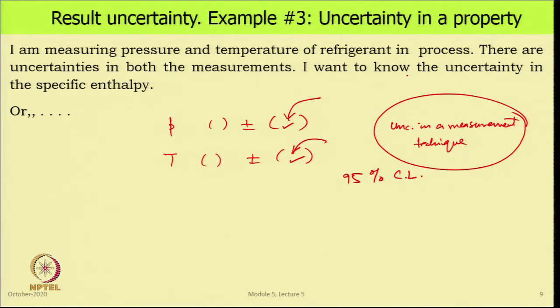And the question is, I want to know the uncertainty in the specific enthalpy. We need specific enthalpy because for all cycle calculations, and to look at performance of a refrigeration cycle or an air conditioning chiller plant, we need the value of H. So, specific enthalpy is a function of pressure and temperature, and we are taking a situation where the pressure and temperature are such that the refrigerant is not in a saturated state.